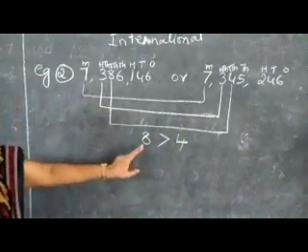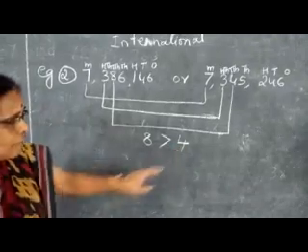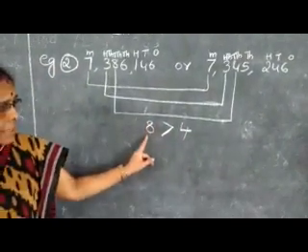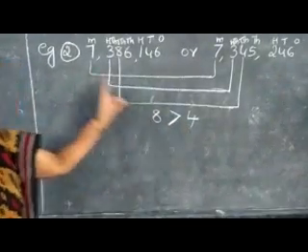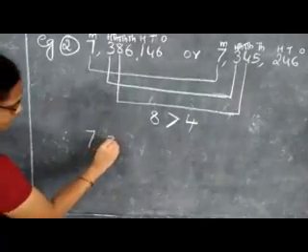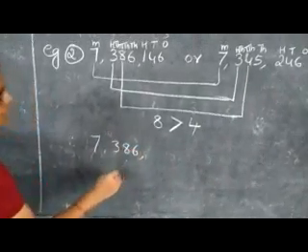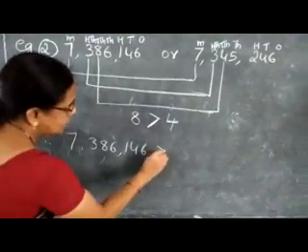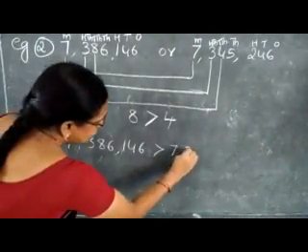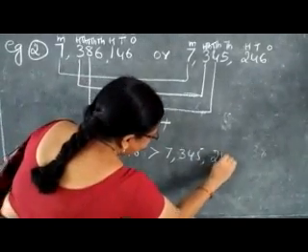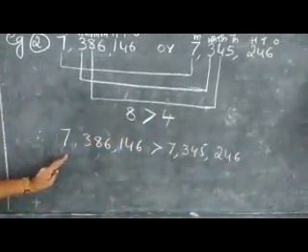Which is the biggest number? 8 and 4. We write this symbol for greater than: 8 is greater than 4. Now therefore 7,386,146 is greater than 7,345,246.